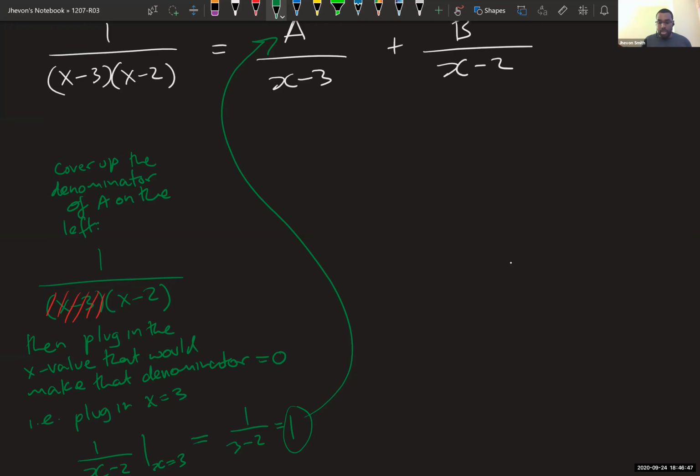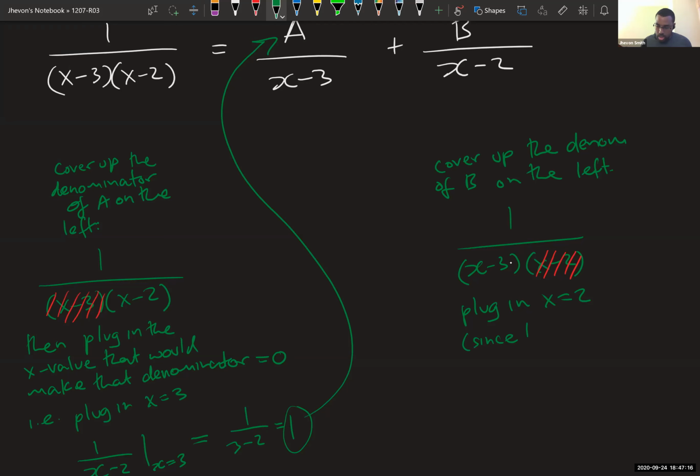Now, I do the same thing for b. Cover up the denominator of b on the left. So on the left side, I see x minus 3 times x minus 2. I'm going to cover up the x minus 2 because that's in the denominator of the b. Plug in x equals 2, since this makes it 0.